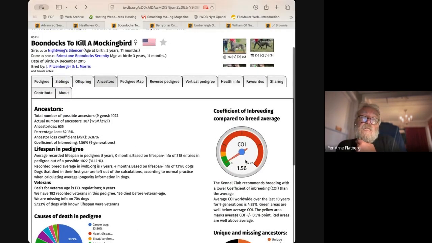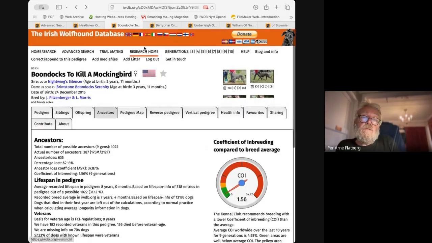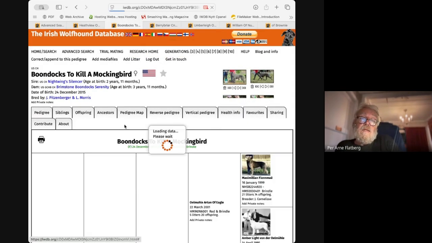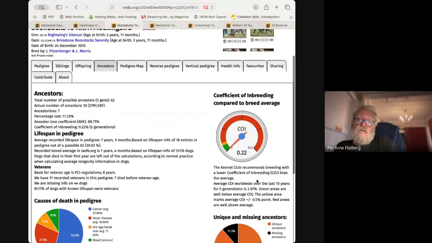If you go to 5 generations here, the average is 2.87%. So you really have to say how many generations you're calculating on. Most pedigree software will use 5 generations.